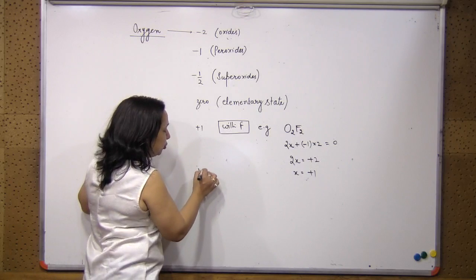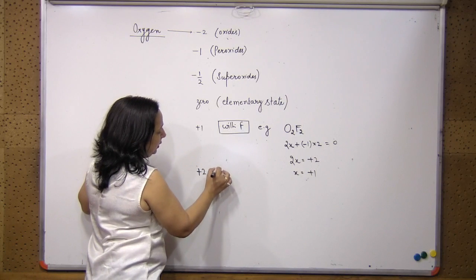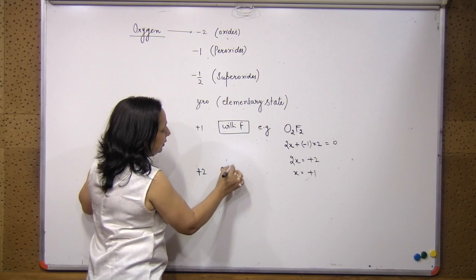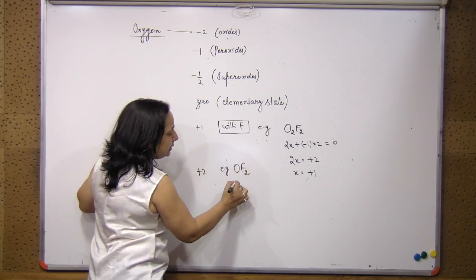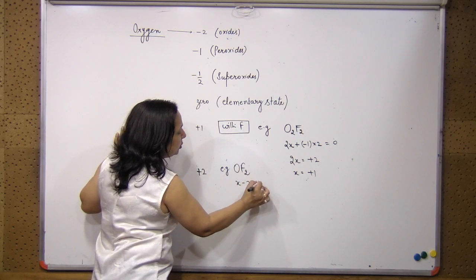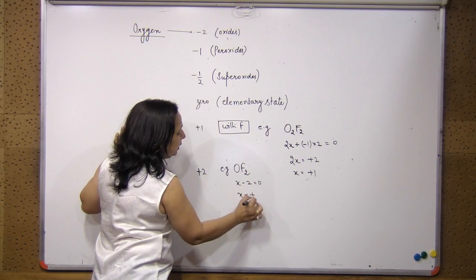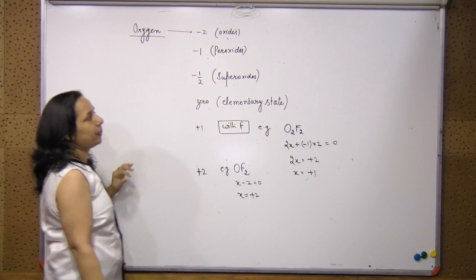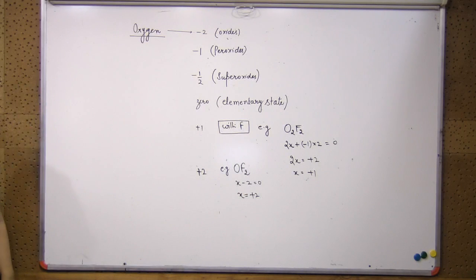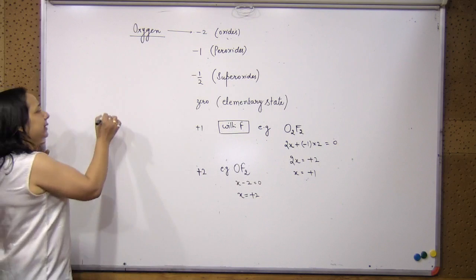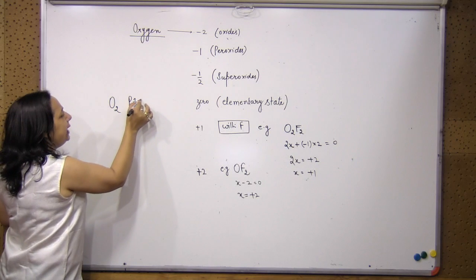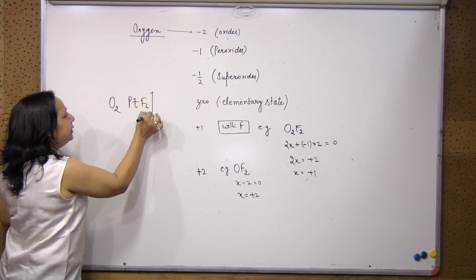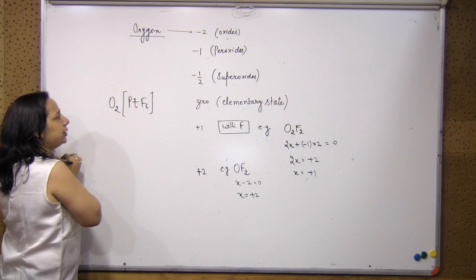Oxygen can be +2 also. Example, OF2. It is x - 2 equal to 0. X comes out to be +2. It means oxygen can show oxidation number from -2 to +2. There is one compound of oxygen named O2PtF6, platinum hexafluoride with dioxygen.